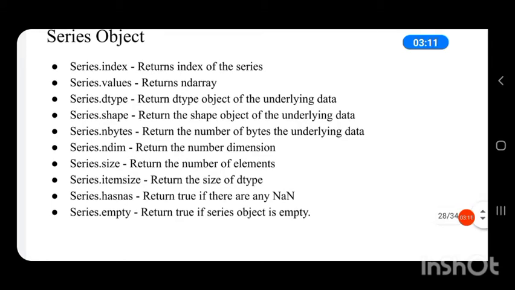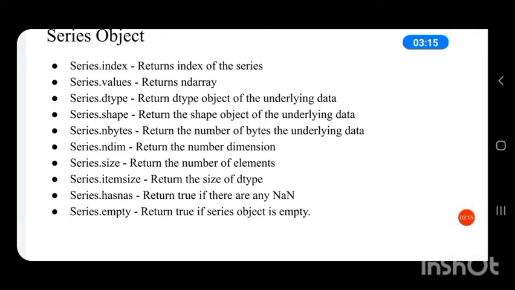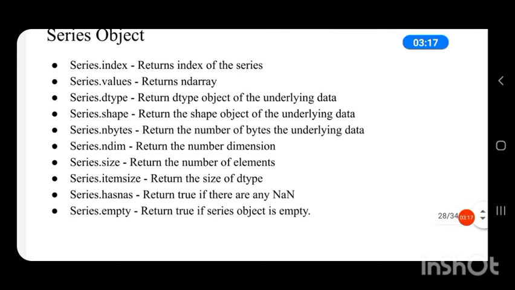Then series dot itemsize returns the size of that dtype, or the size of the individual item. So size indicates the number of elements, while series dot itemsize indicates the size of the particular item in a series.